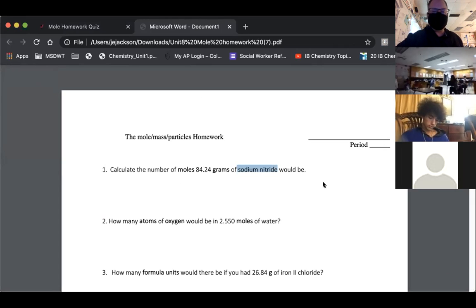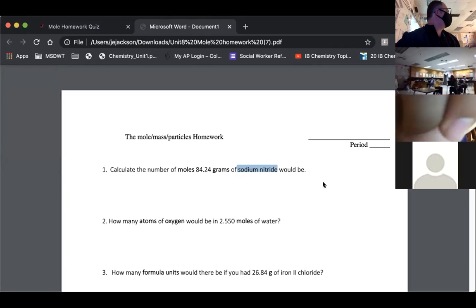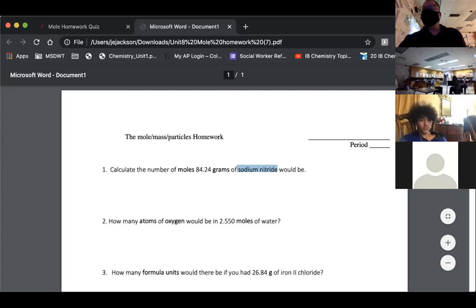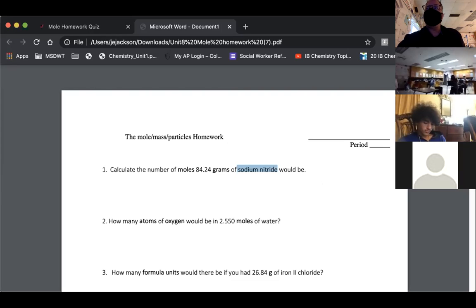What's the charge of sodium? +1. How about the charge for nitrogen? Charge of nitrogen? Well, it's on this side, so it's negative.